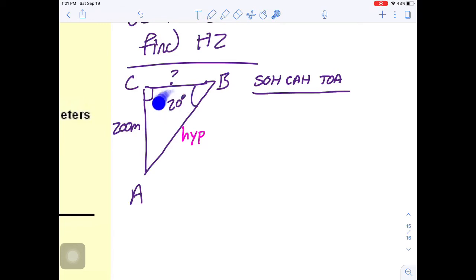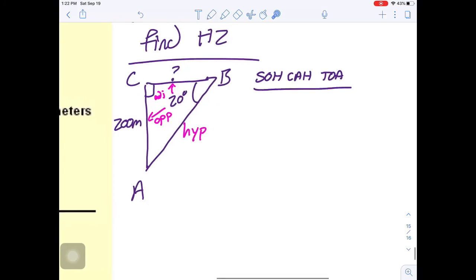Now in terms of angle 20, what is C to A? C to A is the opposite. And from the perspective of angle 20, what is this C to B? This is adjacent. So it looks like we have opposite, and we're trying to find adjacent. What relates opposite and adjacent? The thing that relates opposite and adjacent is tan. So this is what we're going to use.